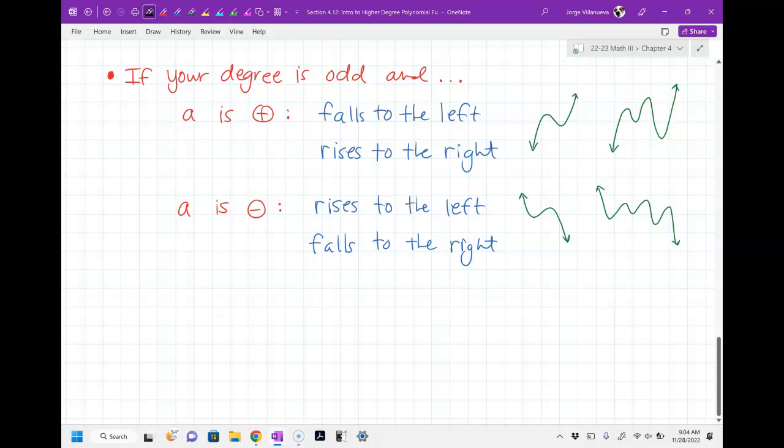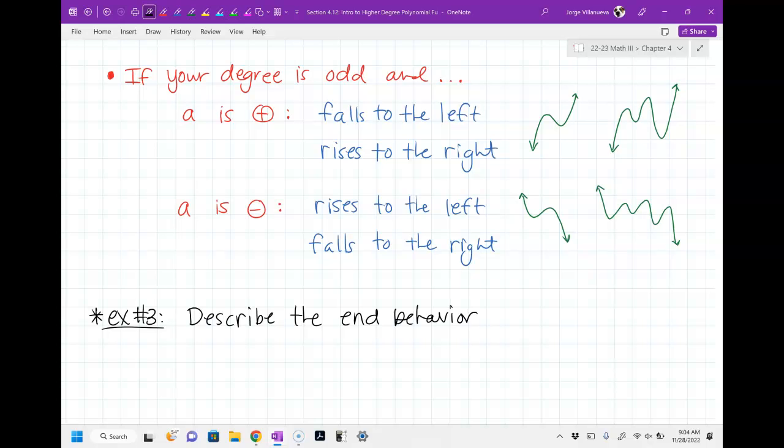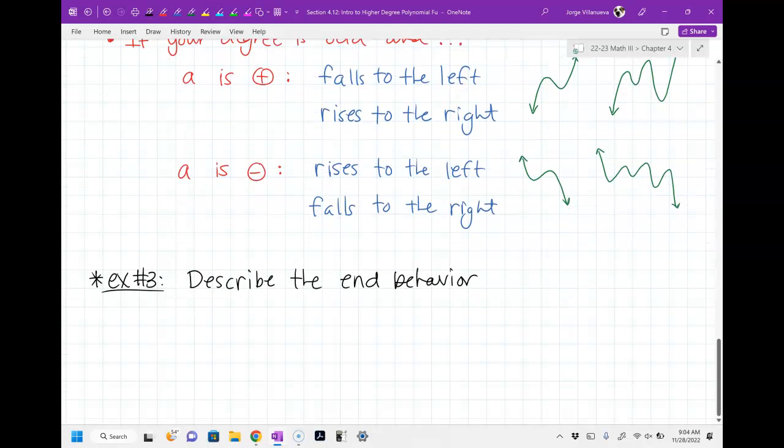So here we go. The instructions they're going to give you is to describe the end behavior. In other words, what does it do as it's going left and right? Okay? Describe the end behavior.